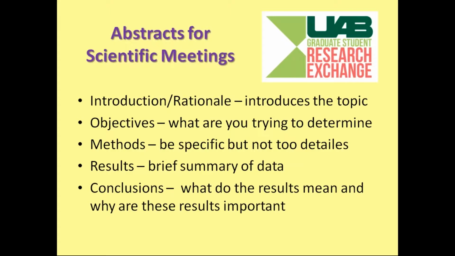So you need to make it a little more generic, and that's true in the abstract as well. Because this is public information, I would make it a little more generalized and a little clearer than if you were writing an abstract for a publication, where the readers and the reviewers are all experts in that field. Okay?